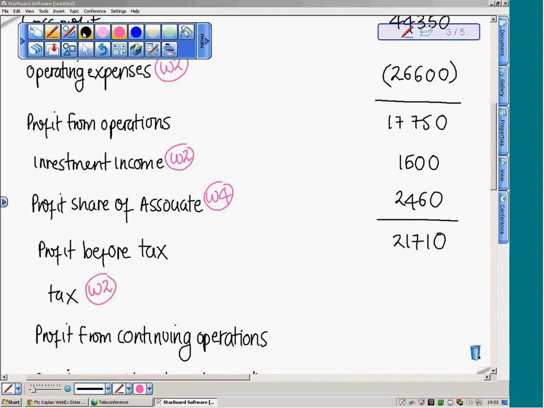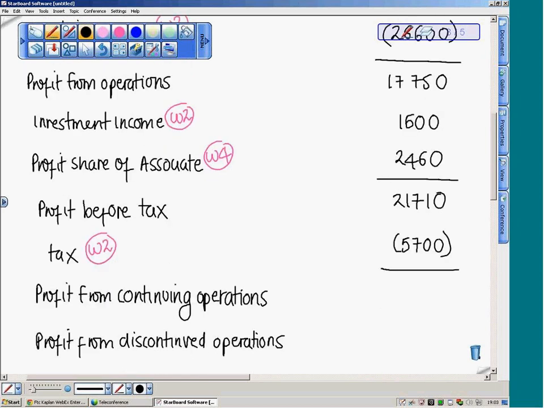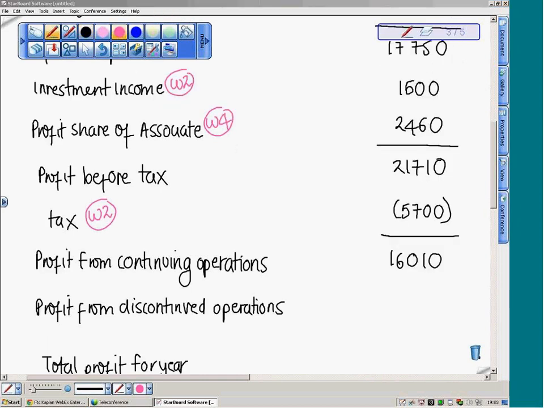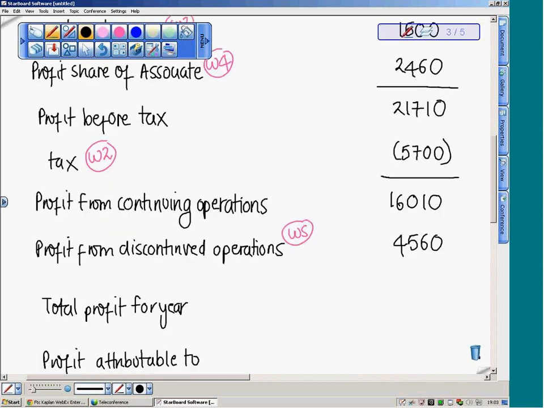Tax 5700. For continuing operations at 16010. And a reference back to working 5 for discontinued operations, 4560.